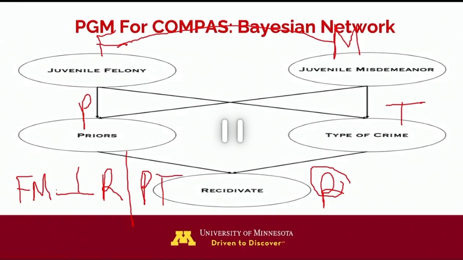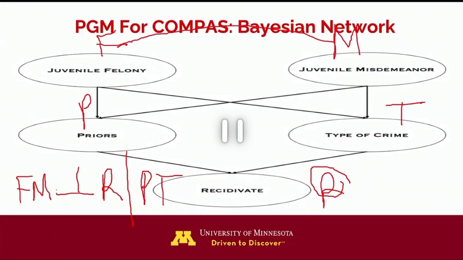That's exactly what I mean here. I don't expect the juvenile felony and the juvenile misdemeanor to give me extra information about whether a person is going to reoffend or not, given that I've already observed the prior conviction and the type of crime.